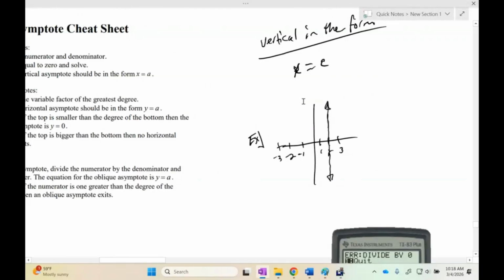Well, since it's vertical, it has to be in the form x equal to c. I'm just simply going to look at what value for x that line is drawn through. Since this line is drawn through x when it's 2, that's my equation, x equal to 2.